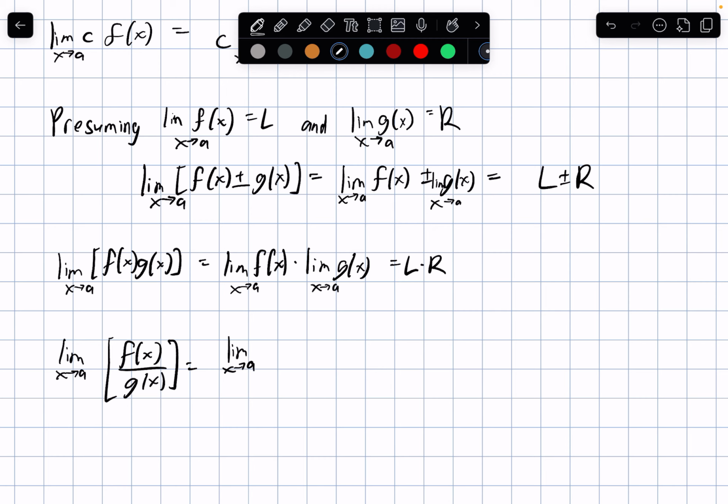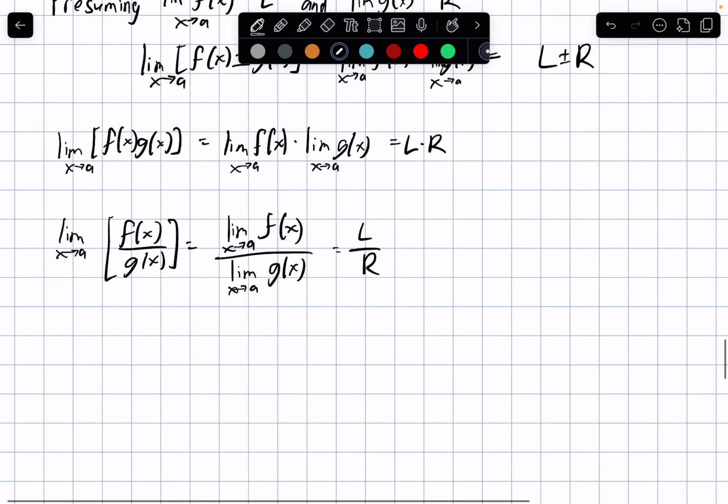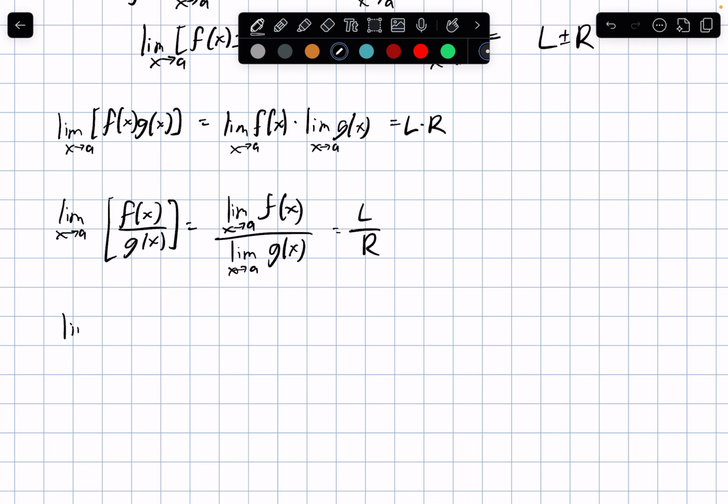You just distribute the limit sign. How about this? There is an exponent from the outside.